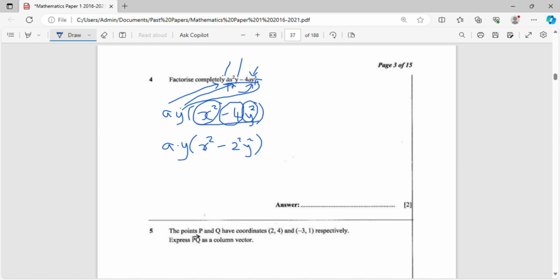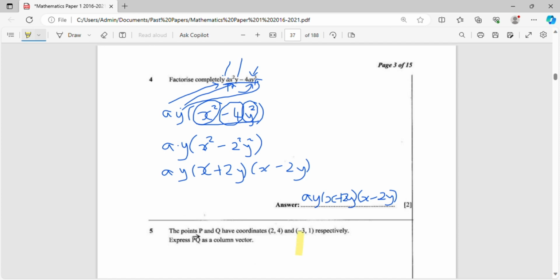So we've done that by reducing it to 2 to the power 2. Now we know how to do the difference of two squares, so it will be x plus 2y and x minus 2y. And so that is your final answer. It cannot be further factorized. So ay, open brackets, x plus 2y and x minus 2y.